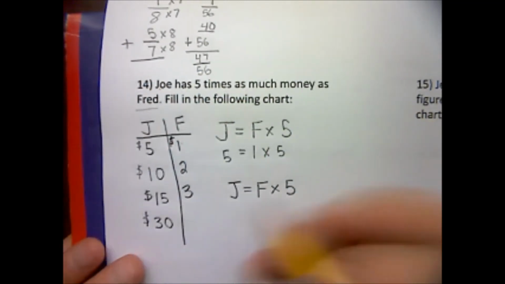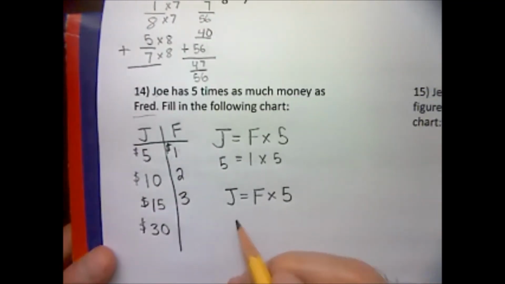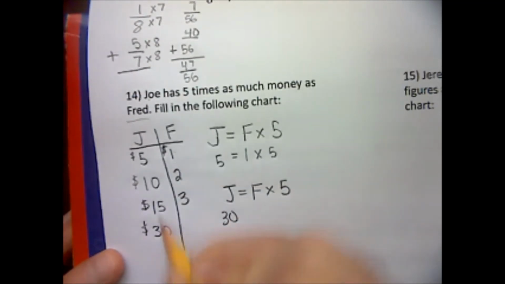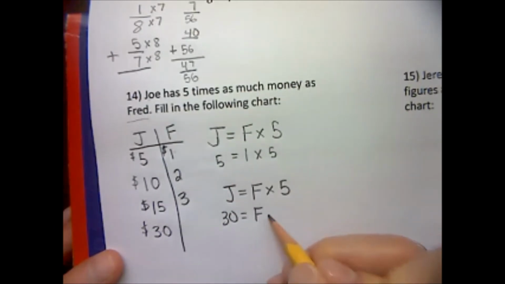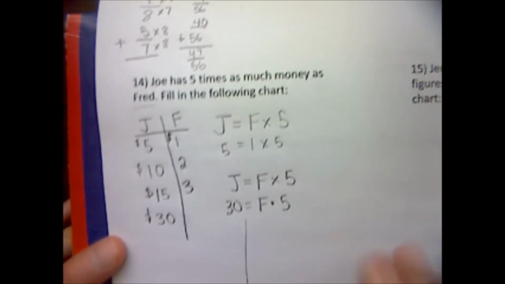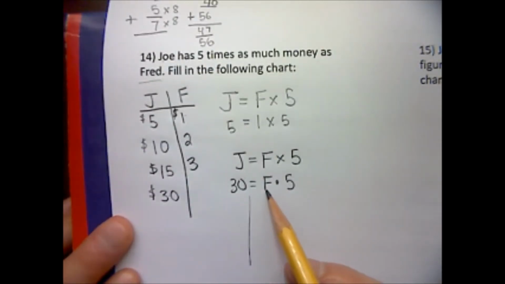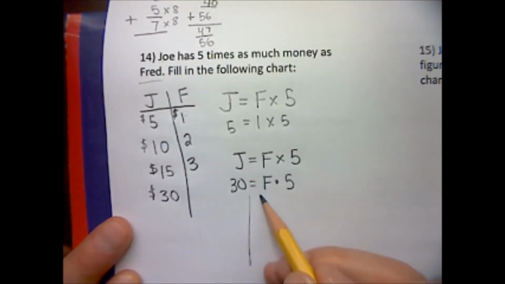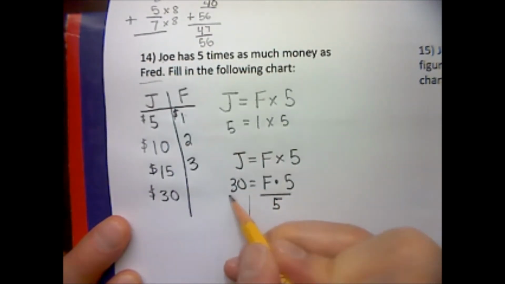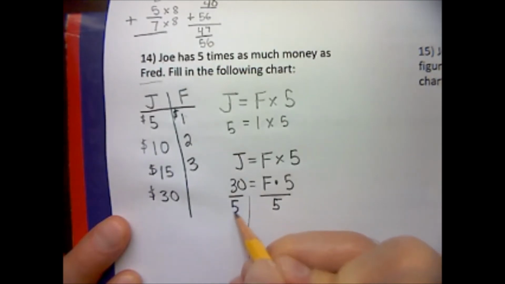All right, what you should have put down is $30 under J, because $30 is under J there. We don't know what F is, so we're going to put F there times 5. Now we do algebra. What side do you start on? The side with the variable. What's opposite multiply by 5? Divide by 5. If I divide this side by 5, then I have to divide this side by 5.